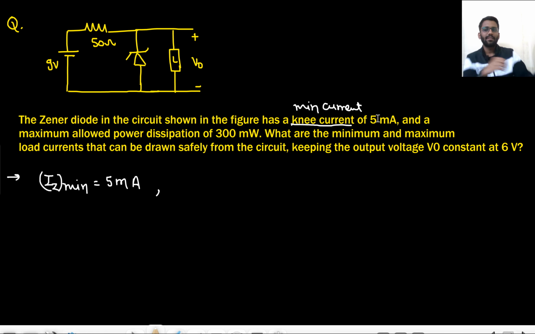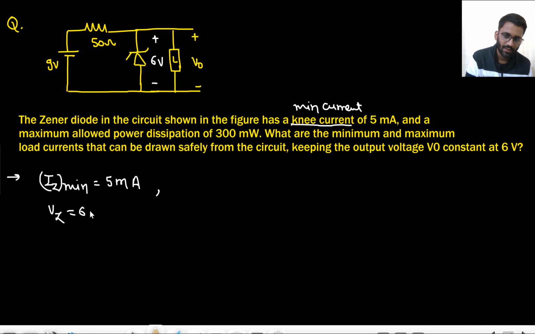What are the minimum and maximum load current that can be drawn safely from the circuit, keeping the output voltage constant at 6 volt? You need a 6 volt constant output voltage here. That means your VZ has to be 6 volt, right? And the maximum allowed power dissipation of the Zener is 300 milliwatt.